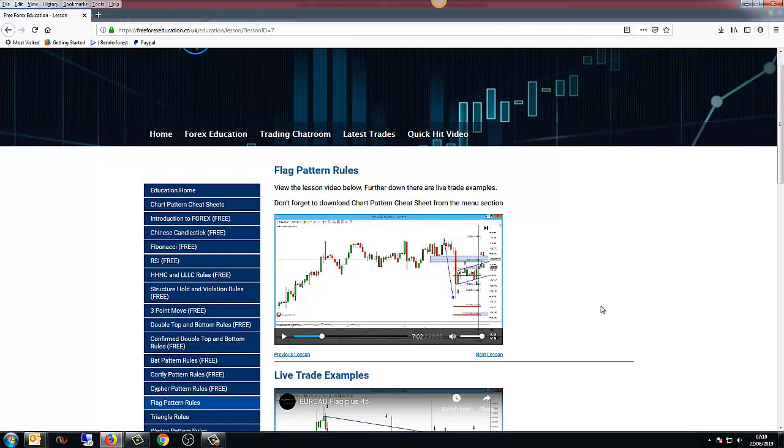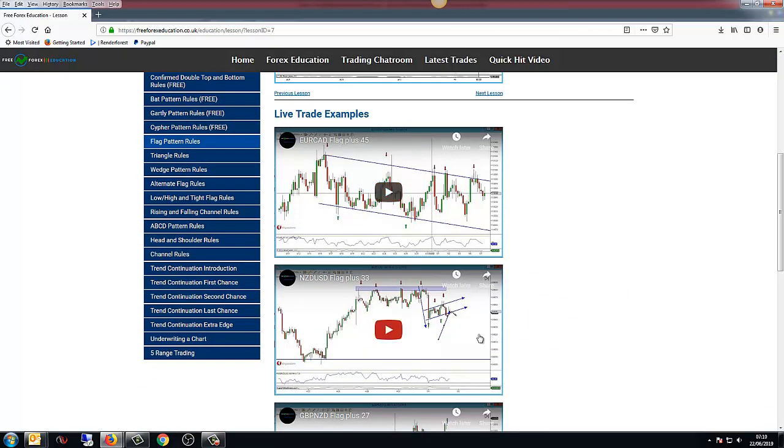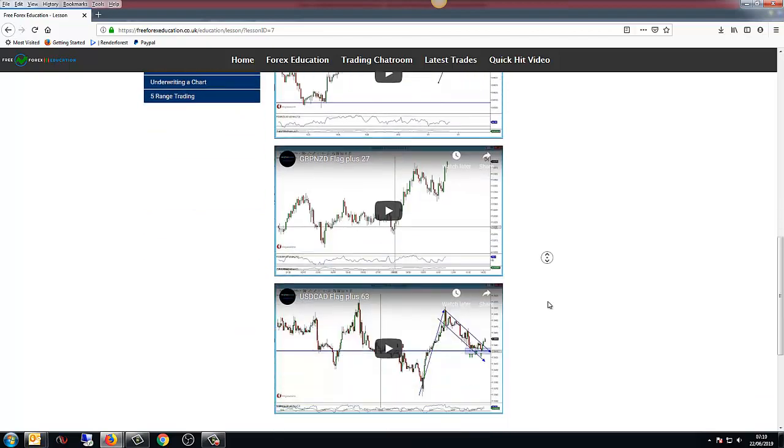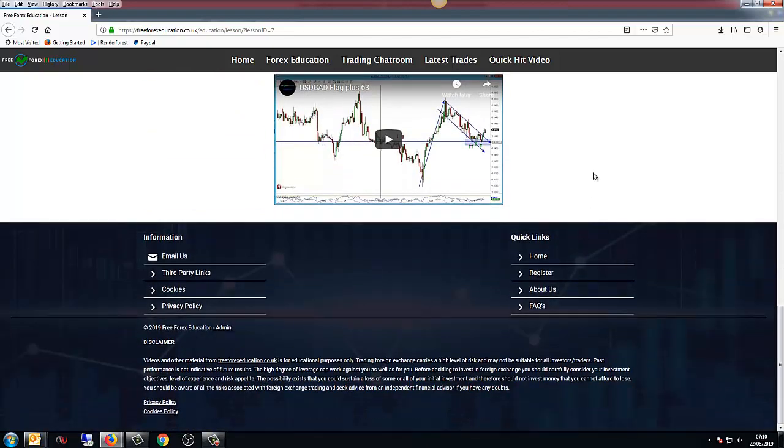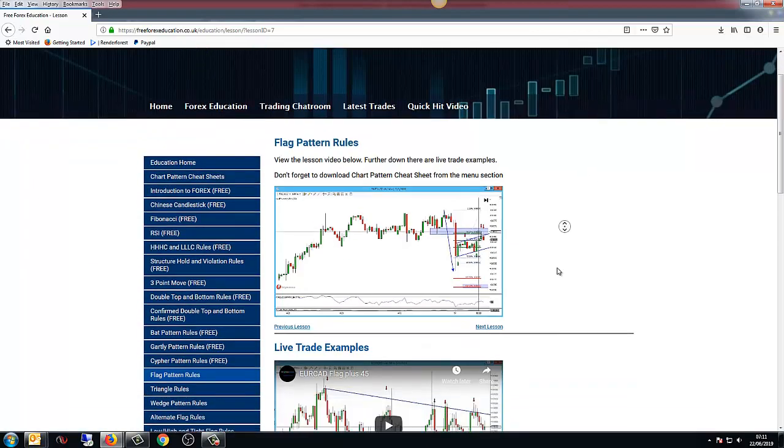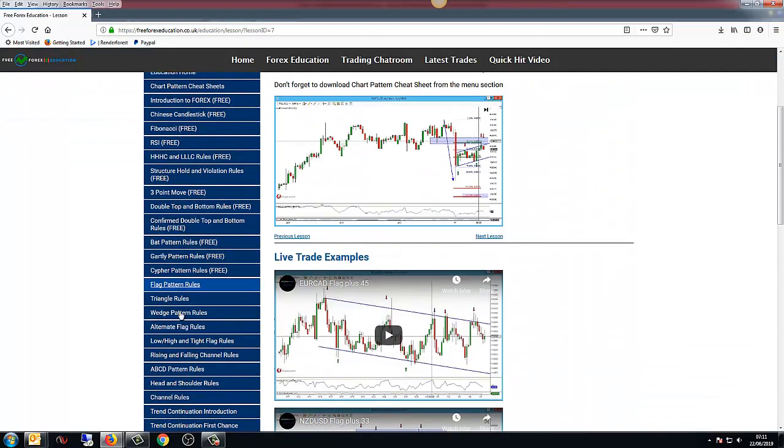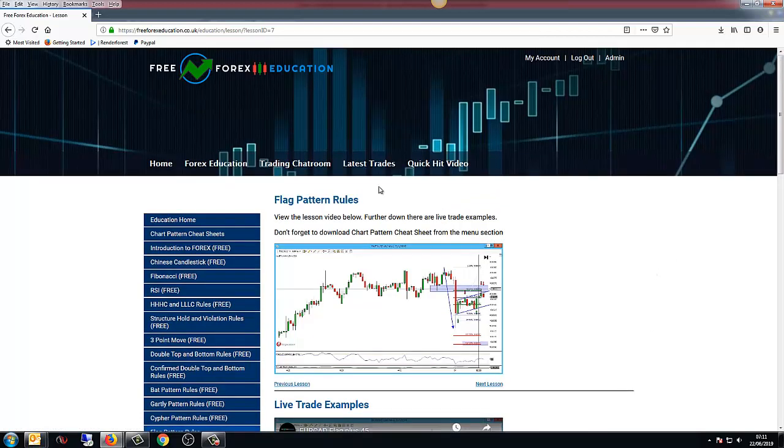We have a summary at the end. Not only that, we have multiple live trade examples of winning patterns where we've implemented those rules, so you can see how they're applied in the live market. And we have the same for all of these strategies. All of these are strategies with entries, stops and targets rules explained.